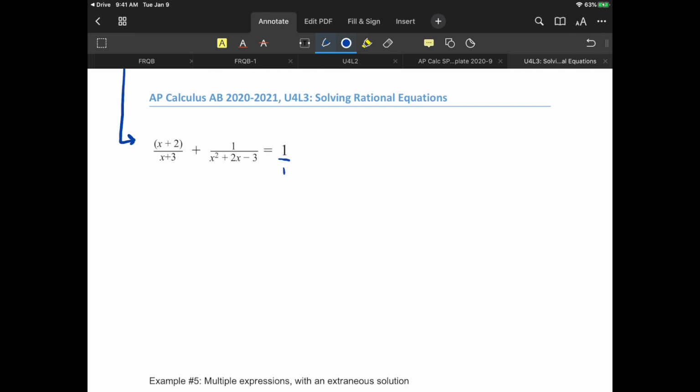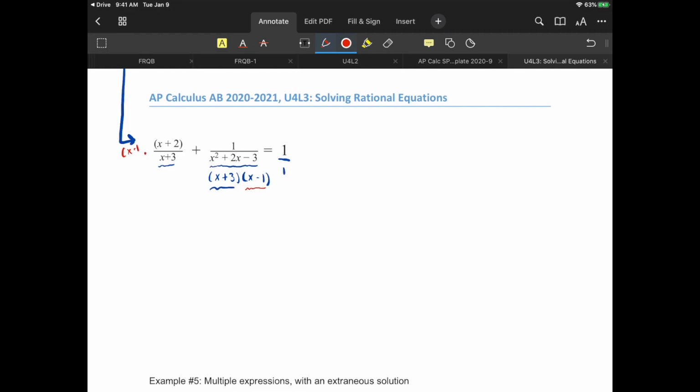Anytime you see an expression like this, there's almost always going to be a way to make your life easier by factoring. And so if we take a moment and we factor this as x plus 3 times x minus 1, we can see that there's already a little bit of shared denominator here. On the left, the only thing that's missing is this x minus 1.